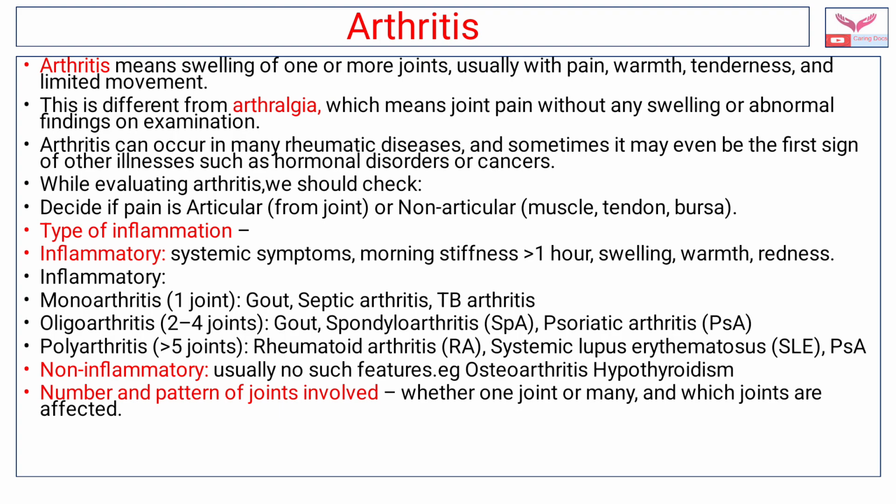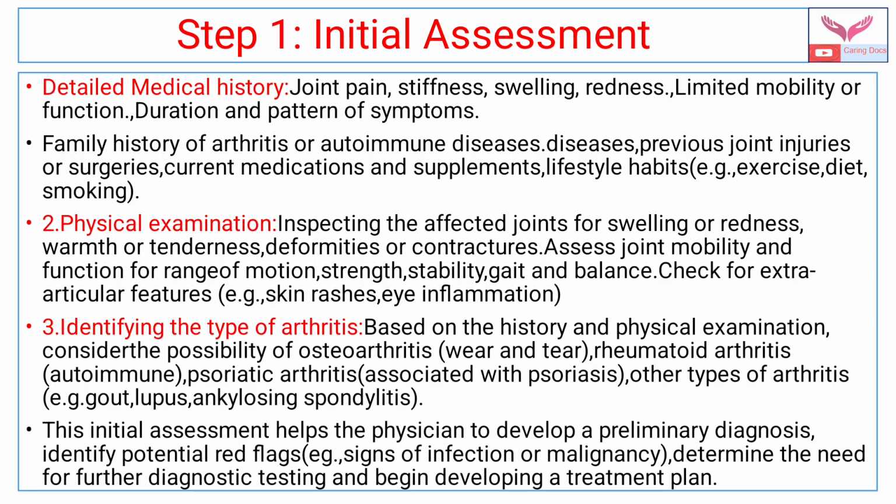We have to look for the number and pattern of joint involvement, whether there is involvement of one joint or many joints, and what sort of joints are affected, on one side or both sides. So whenever we are assessing a patient of arthritis, we have to take a detailed medical history: which joint is involved, what is the character of the pain, whether it is associated with stiffness, swelling, redness, whether there is limited mobility or function of the joint, what is the duration of the arthritis or the pain, and what are the patterns of the symptoms.